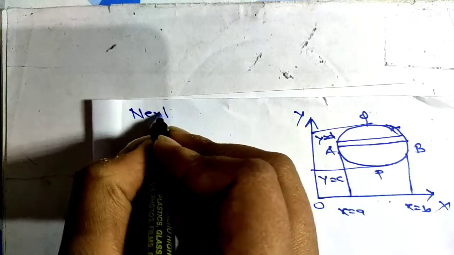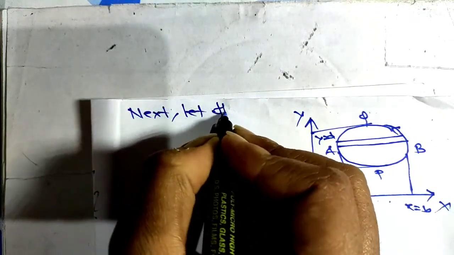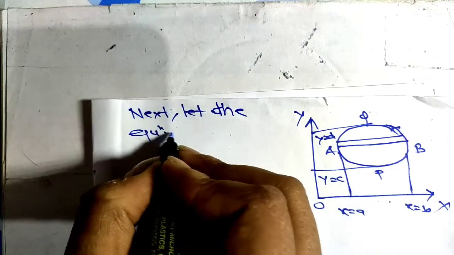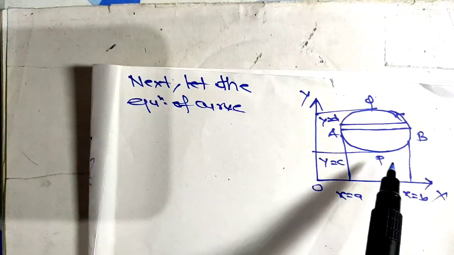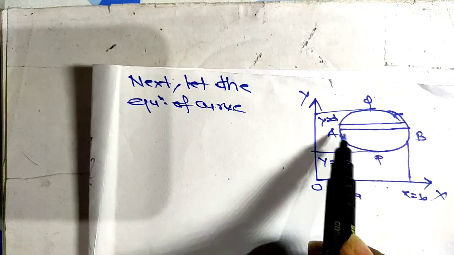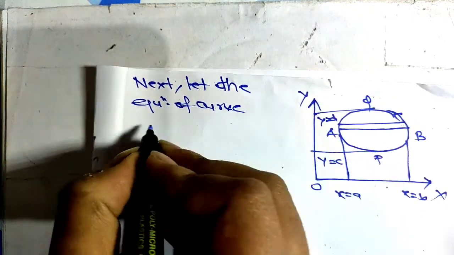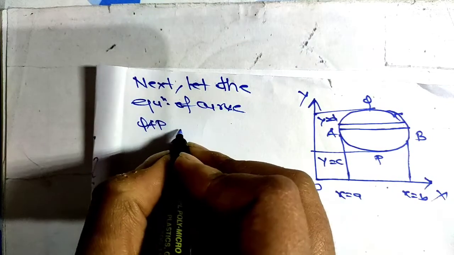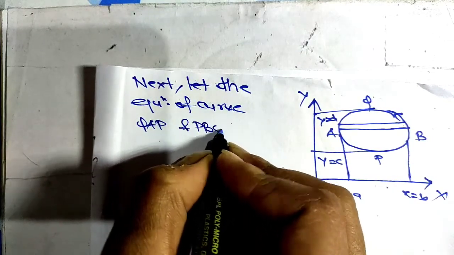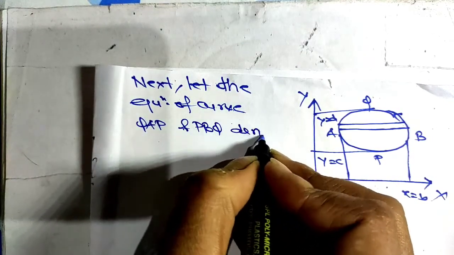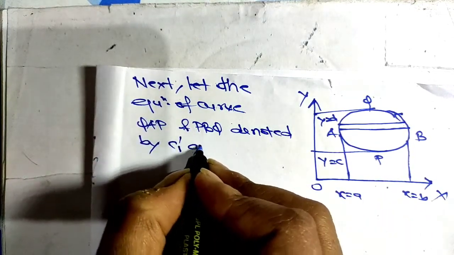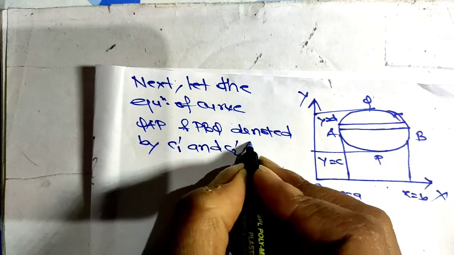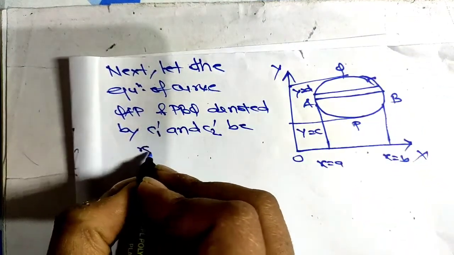Next, let the equations of the curves, now we are taking the curve in this way, PBQ and QAP, okay, the equations of curves QAP and PBQ be denoted by C1' and C2'.